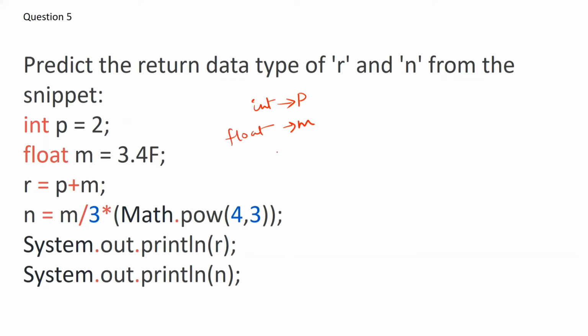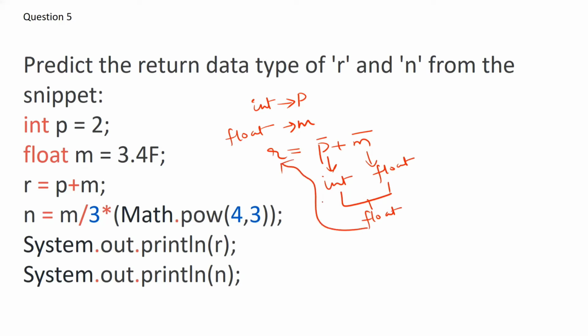And guys, here we can see that we are adding R equal to P plus M. P is of type int, M is of type float. So between int and float, whichever is bigger, that will be the data type for variable R. So data type of R becomes float.